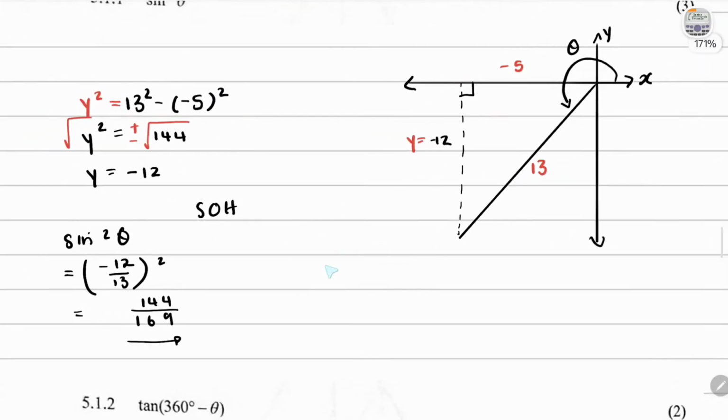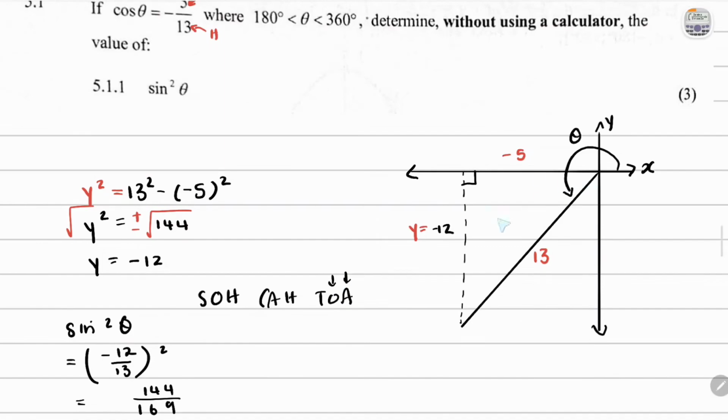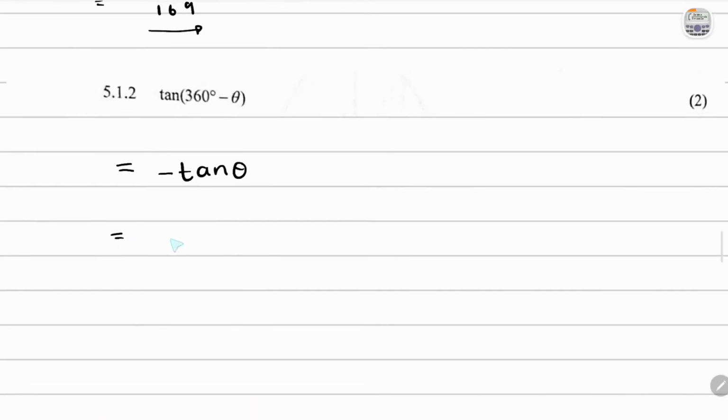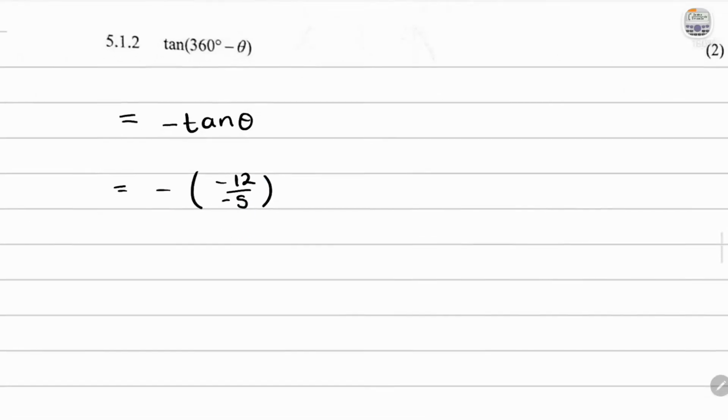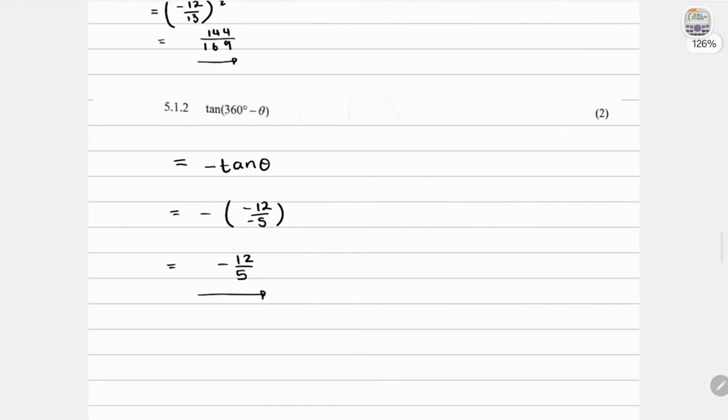In SOHCAHTOA, TOA is opposite over adjacent, so this over that. So it's negative, negative 12 over negative 5, but those two negatives would divide and become positive. So the final answer is just negative 12 over 5. Moving on to the next question.